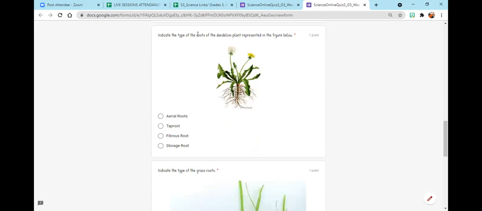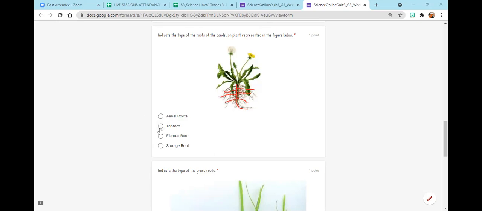The dandelion has roots that grow under the ground. Here is one main line with smaller side lines. So which type of root is this?